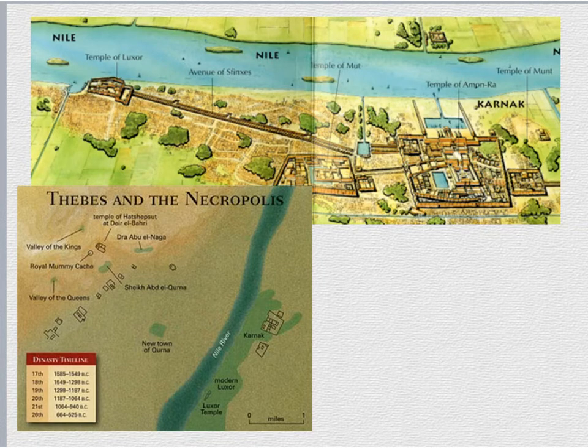So let's shift and talk a little bit about context. The Temple of Amun-Re, you can see here, is right by the Nile River. This was in the capital called Thebes. The capital shifted over time, but this site is called Thebes.